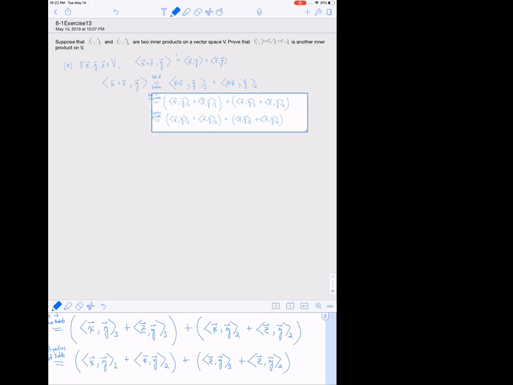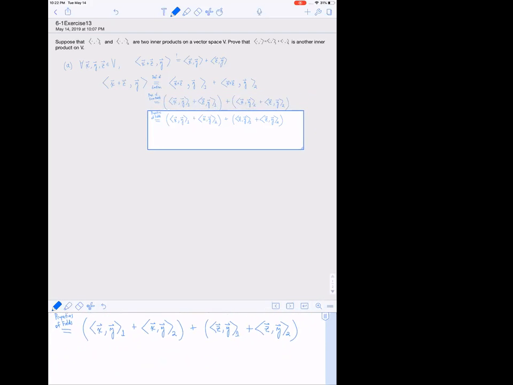Again, all I'm doing is taking these 4 numbers that are being added together, rearranging how they're written, and grouping them, because now the thing in the parentheses here on the left is exactly, again, by the definition of our function, that's just bracket x with y with no subscript, and this is the right parenthesis. That's the same as bracket z with y with no subscript.